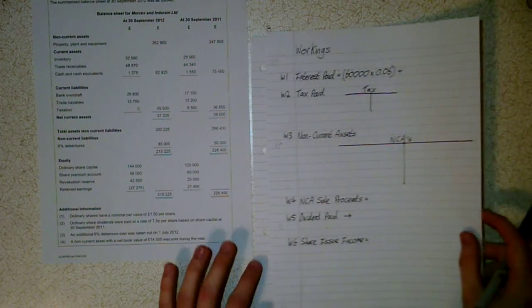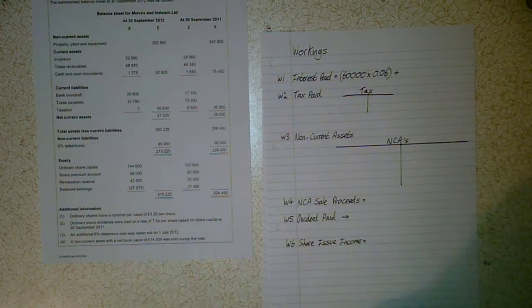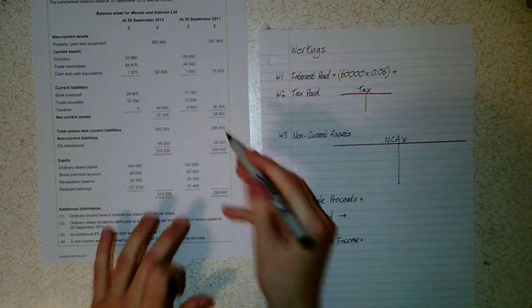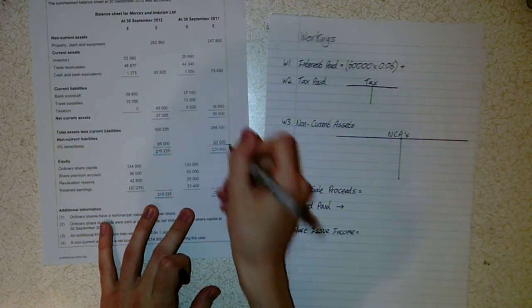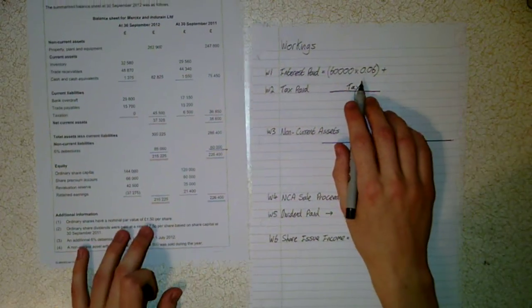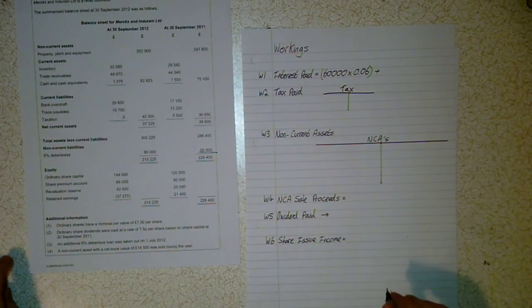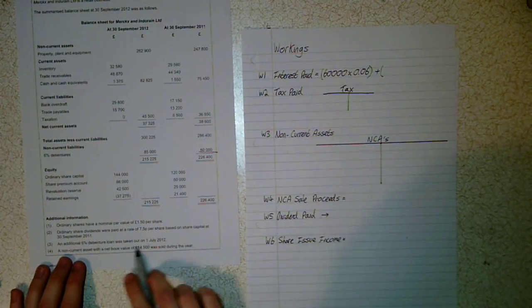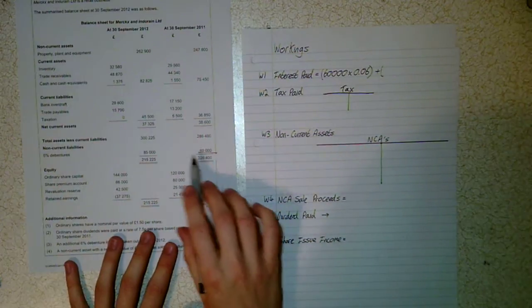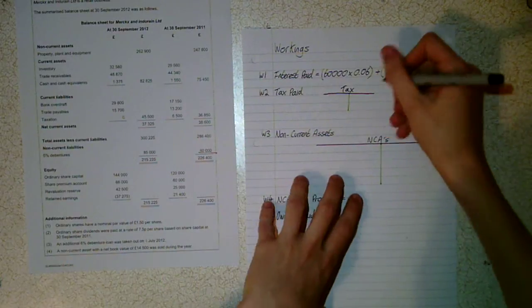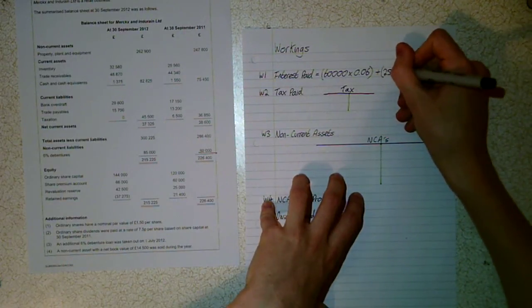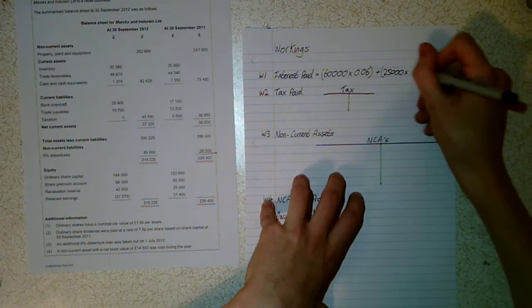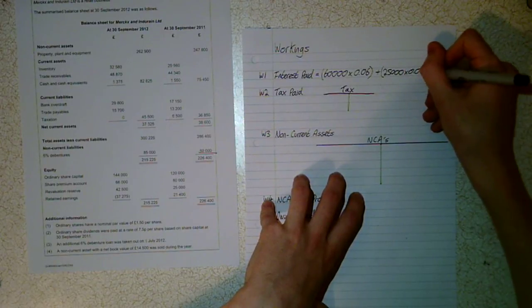However, what is straightforward is the interest paid originally on the original loan. So 60,000 here, times by 6%, so 0.06. But what I also need to do is account for this new loan we've taken out. So an additional 6% loan, well, we can see what that additional is. It's just 85,000 minus 60,000, so it's 25,000 times by 6% again.